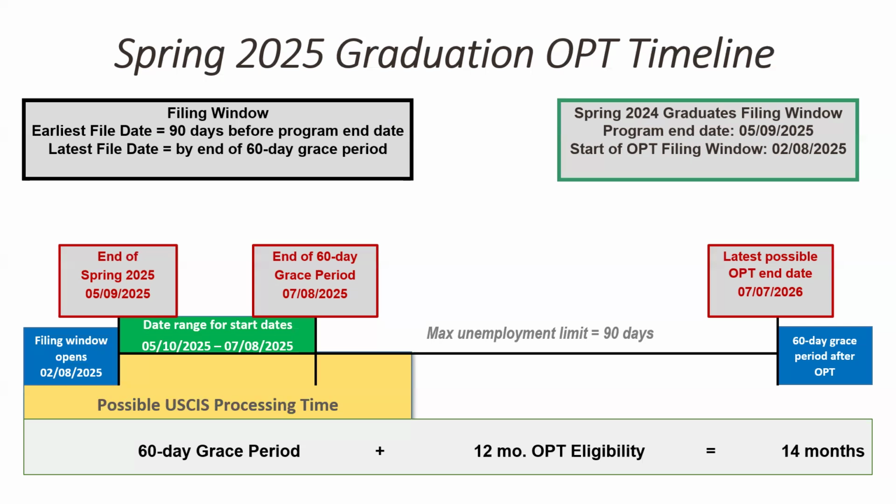If you waited until May to file, and you find out in August that your application was denied, you're outside of your filing window, so you cannot refile. The other thing is you'll notice you're also outside of your grace period, so your F1 status is over as well. So again, the takeaway is that filing late can have some risk attached to it. It may make sense to file late in some situations, but you are assuming some risk.